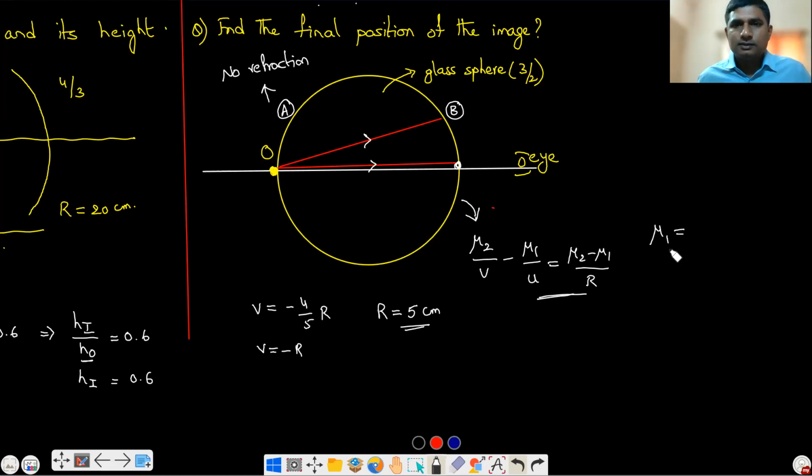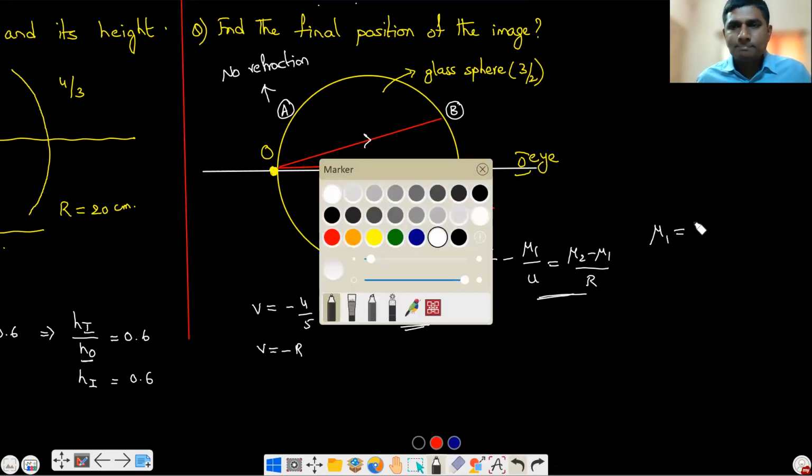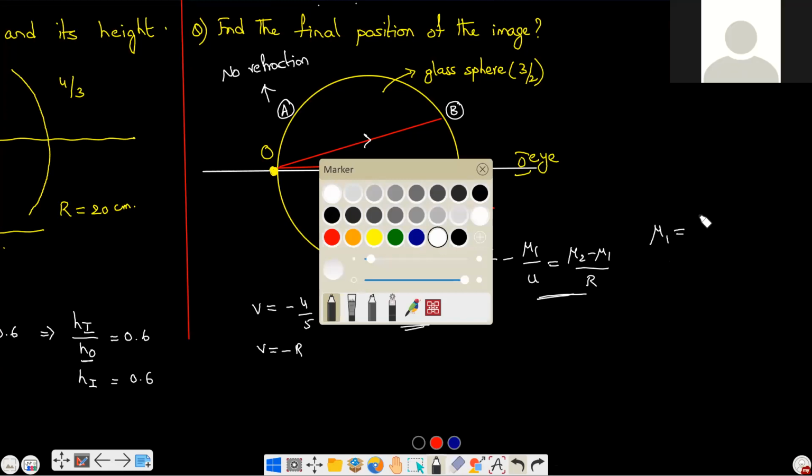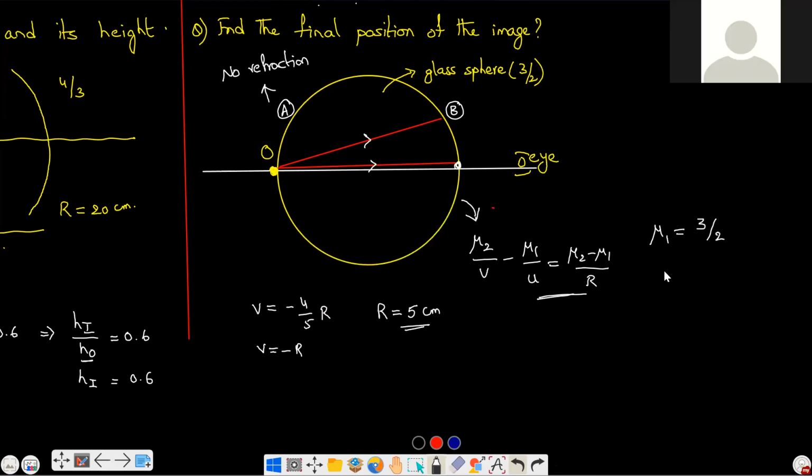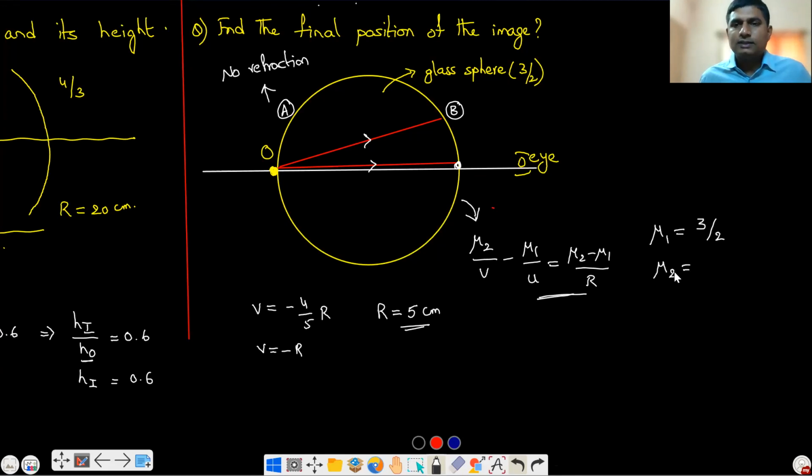What is mu2, Rasagna? Sir, 1. Sir, outside is air, so it is 1. Outside is air, therefore air's refractive index is 1.